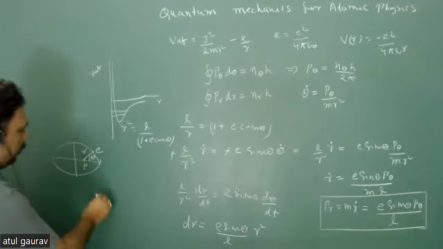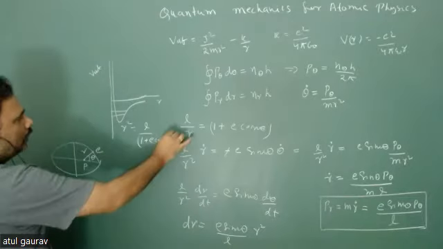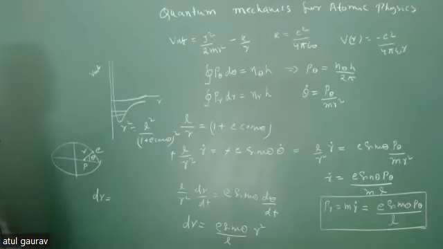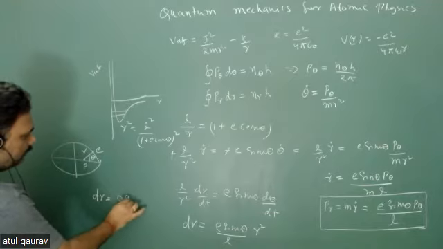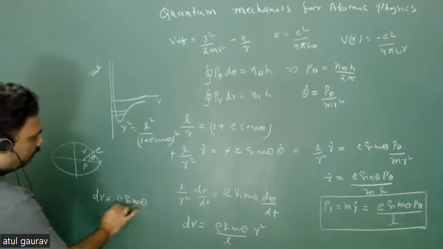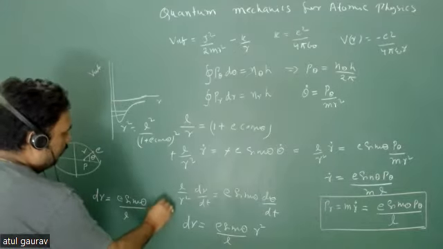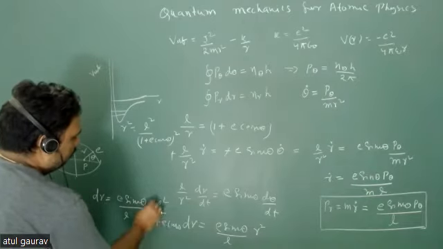So what is your dr? You can write your dr, L square by this thing. Okay? So from here we can write dr is equal to E sin theta upon L, and r square we write as L square over 1 plus E cos theta.